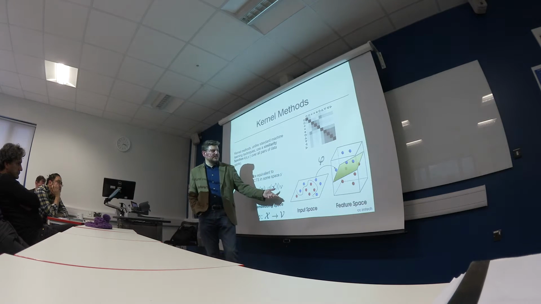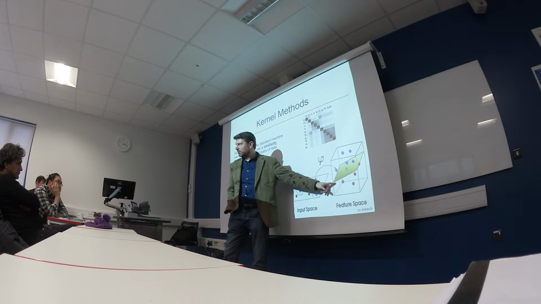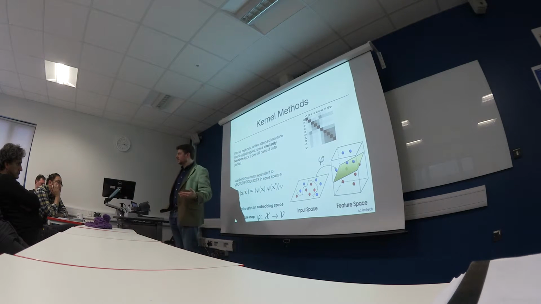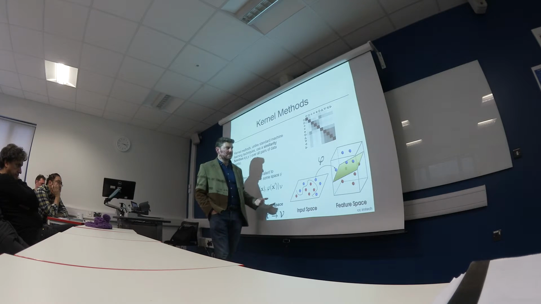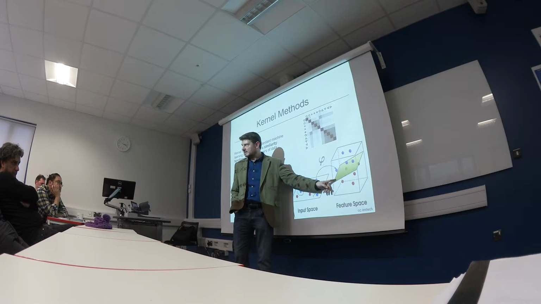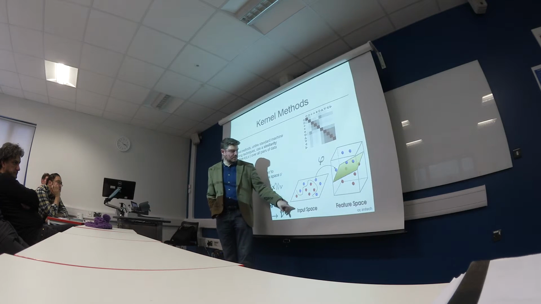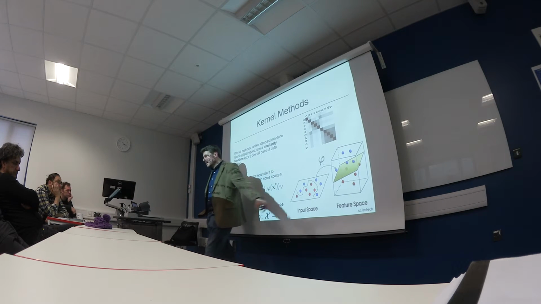So basically, if you're using a support vector machine, you're building your linear decision boundary in this Hilbert embedding space, which is correlated with perhaps something much more complex in the input space.